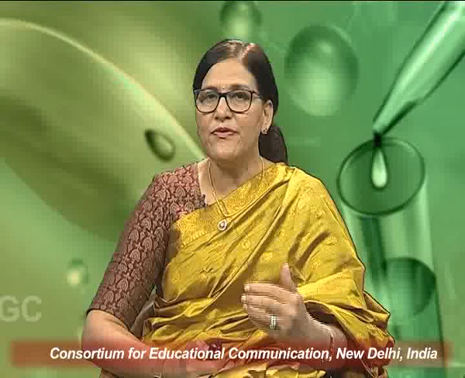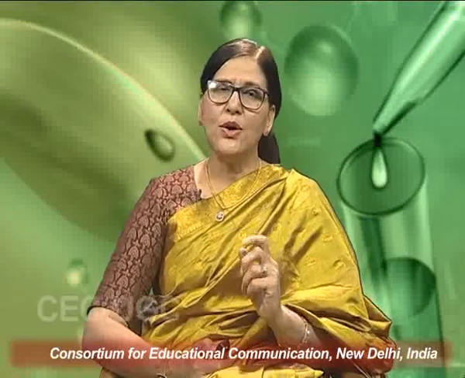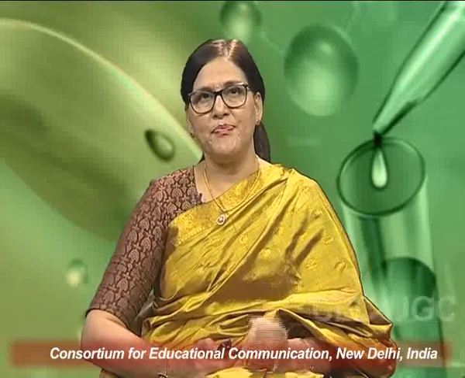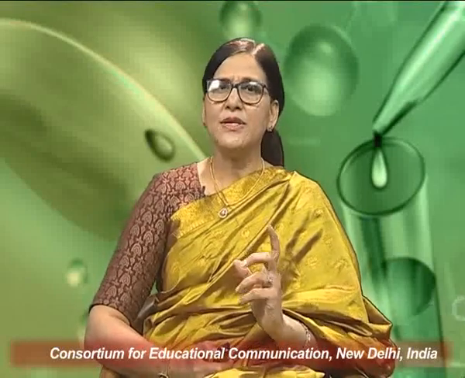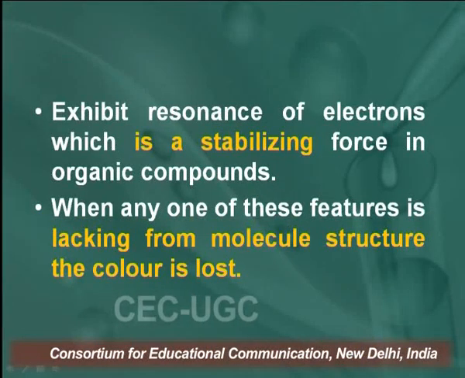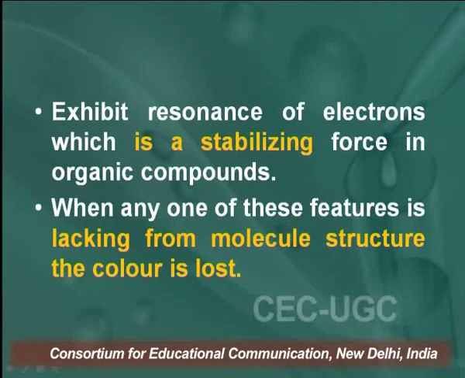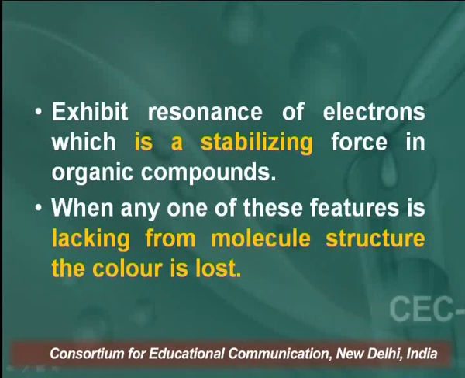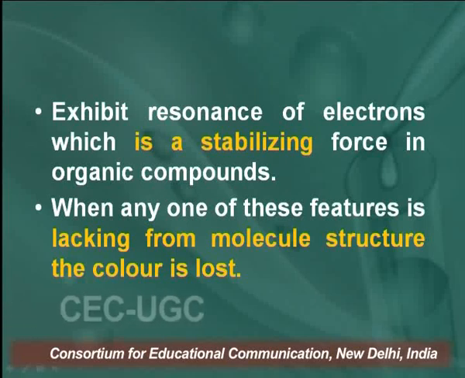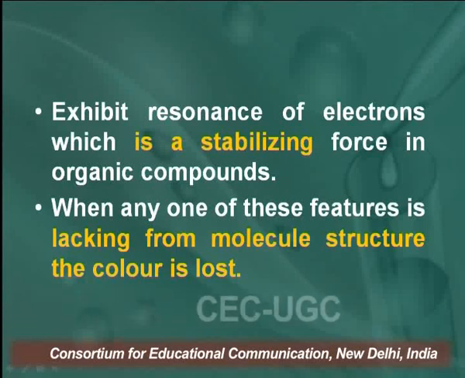An auxochrome is a color helping group; it intensifies the colors. Also, a dye should contain a conjugated system. Due to the presence of a conjugated system, resonance of electrons, which is a stabilizing force in organic compounds, takes place, and due to that resonating structure, excitation of electrons takes place from a lower state to a higher state, and we are able to see the colors.